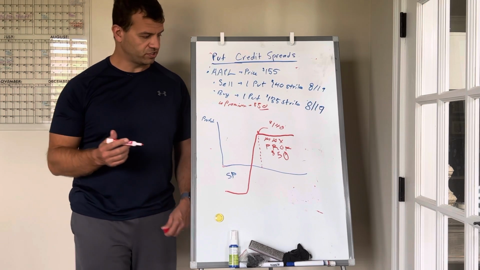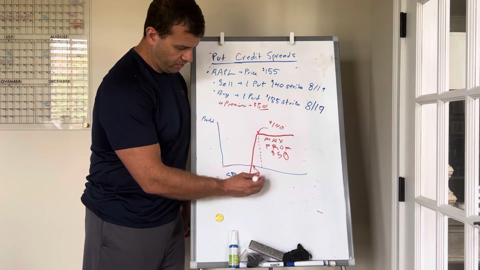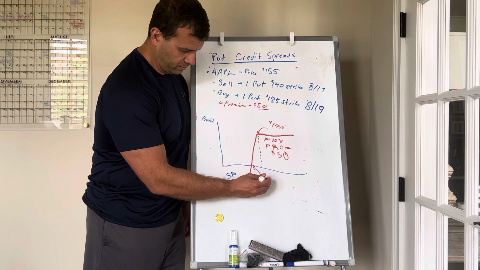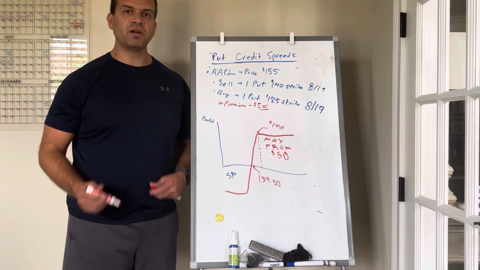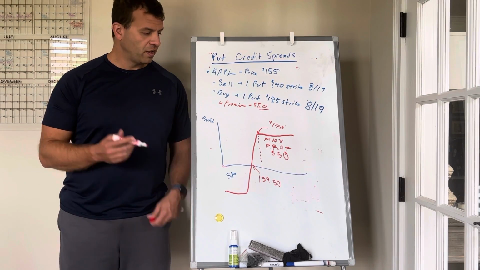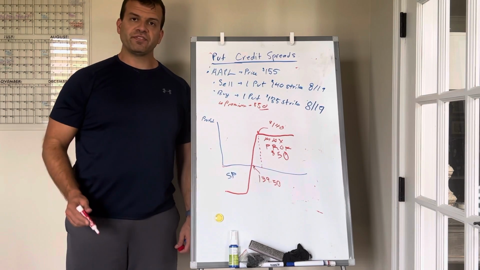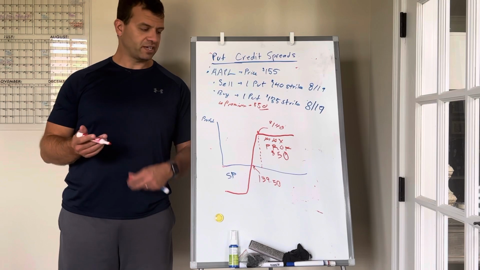So you will have a cushion, but eventually your break even here will be 139.50. And that's because, remember, these options represent 100 shares of stock. So 50 cents below it, 50 cents times 100 shares, 50 bucks.